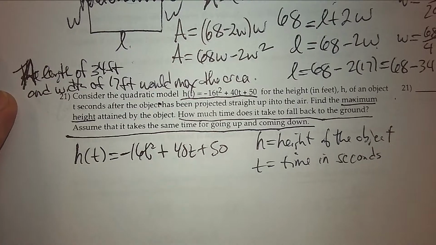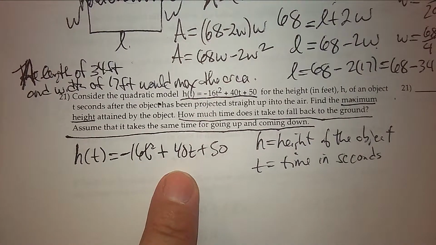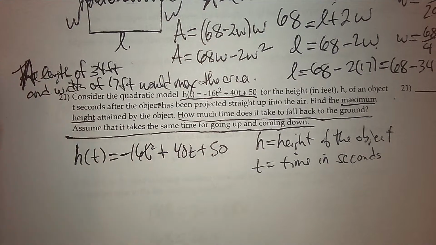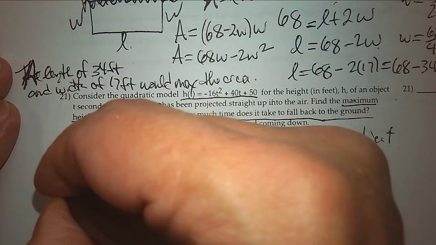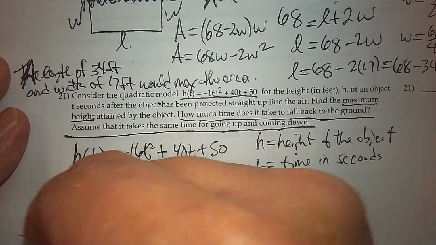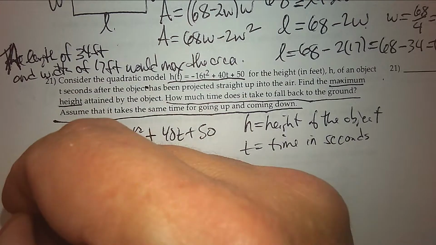So if I said, what's the initial height of the object? Do you know what number you plug in for t? 0. And initially it's 50 feet, right? And then it gets thrown straight up in the air and then it hits the ground. Do you see the quadratic equation there? If this is 50 feet?